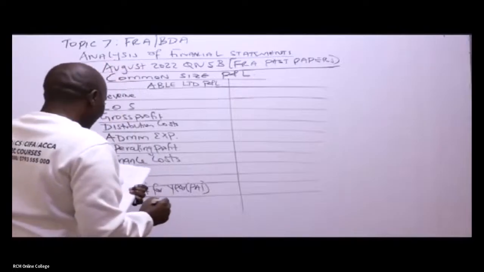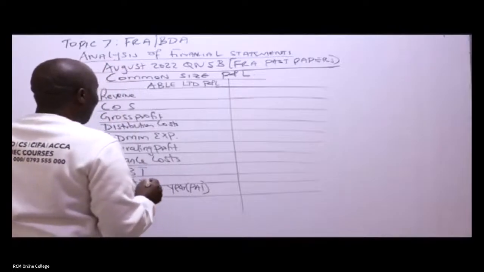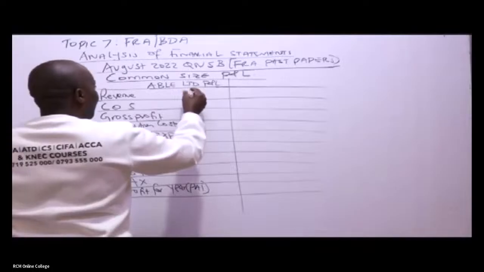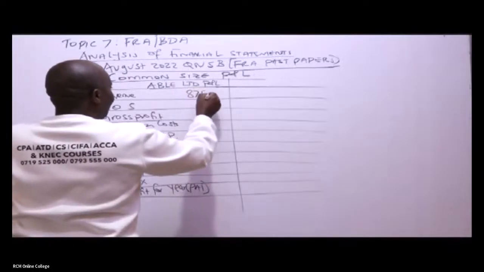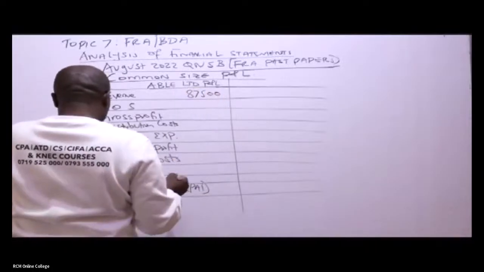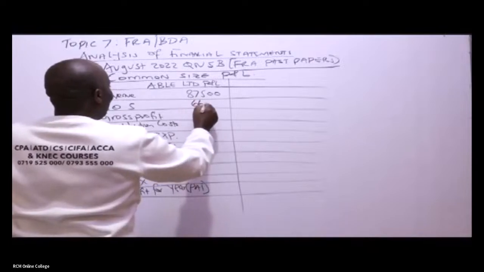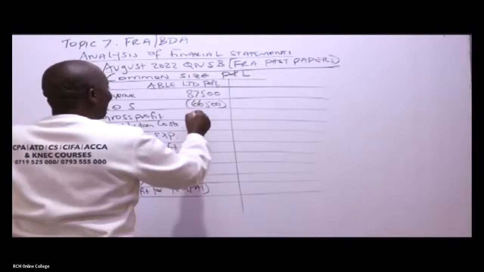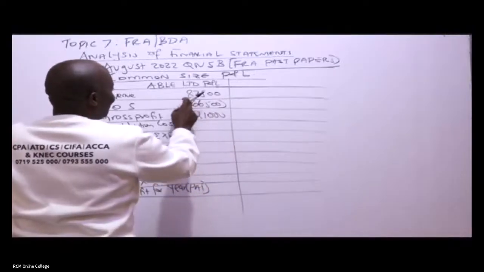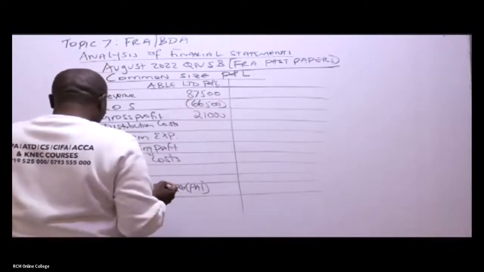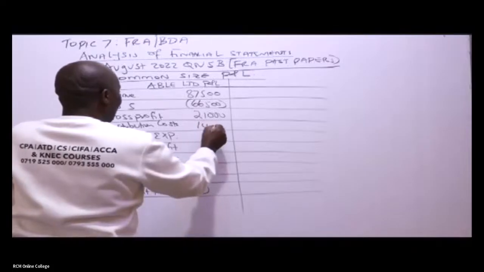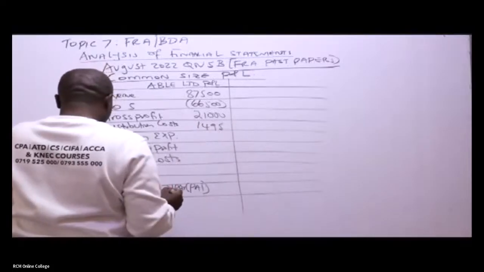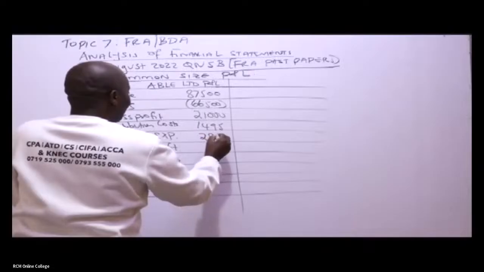So then we have our revenue for AB in shillings thousands. I can see 87,500. I can see 66,500. BDA students are not copying anything; you already have the question paper. 21,000. This minus this gives me 21,000. Then I can see 1,495 and 2,880.